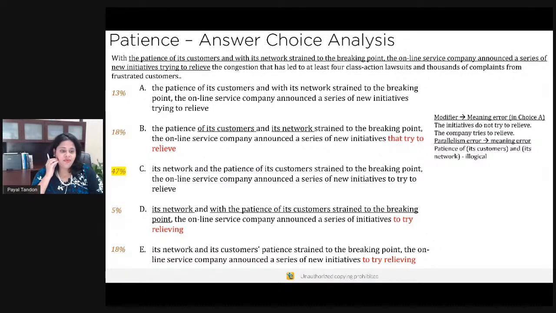So if you weren't able to identify this error when you did the rejection yourself, now when you review the solution, you get that level of understanding, that level of clarity. Now, how many of you rejected choice B because of the reason listed over here with regards to the list, patience of its customers and its network?